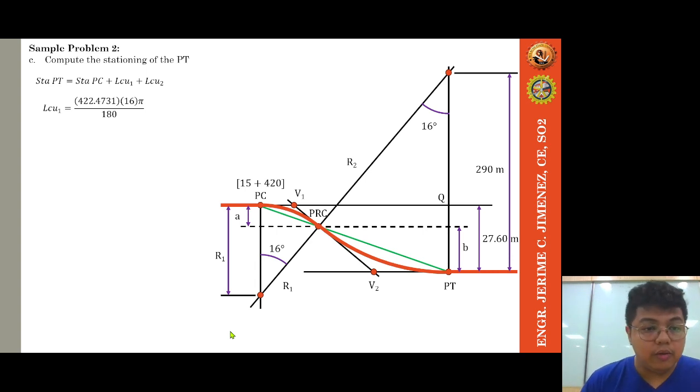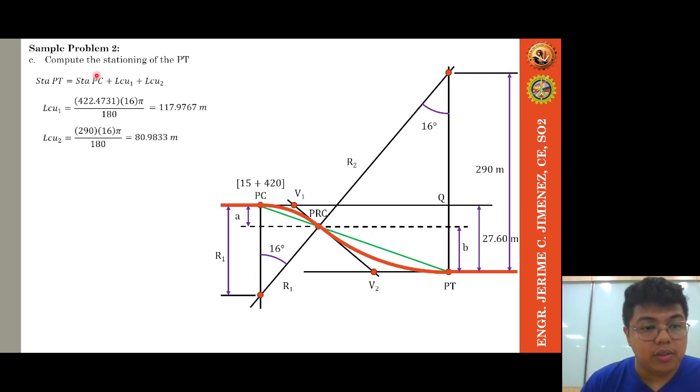Calculating LCU1, we have 117.9767 meters. And also, LCU2 is equal to 290 multiplied by 16 multiplied by pi over 180. Calculating LCU2, we have 80.9833 meters. Okay?